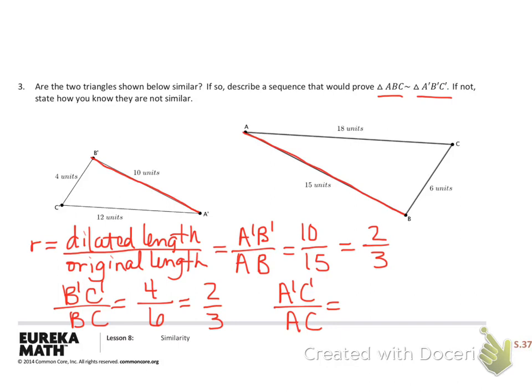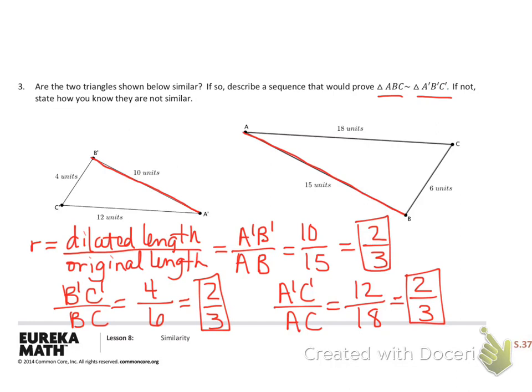A prime C prime is 12, and AC is 18. You can see we can take out a common factor of 6 and get 2/3 for that as well. So it does look like we have a dilation here with a scale factor of 2/3.